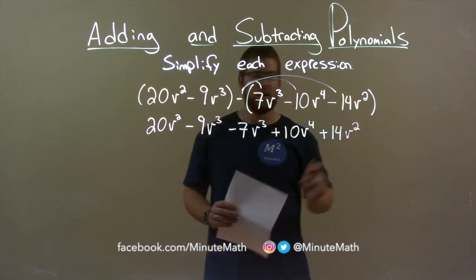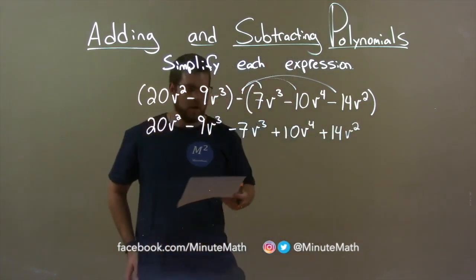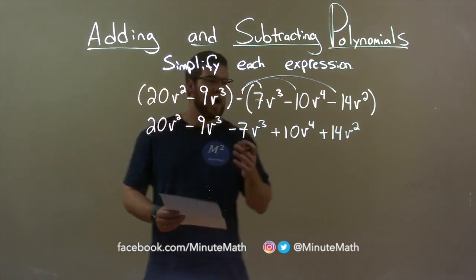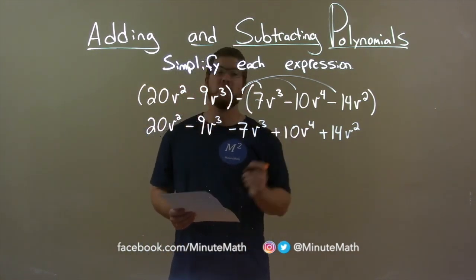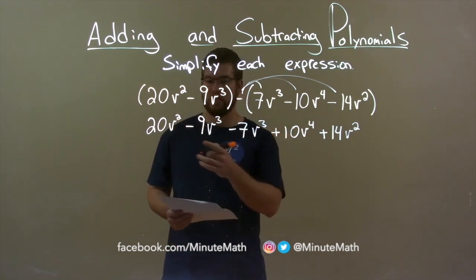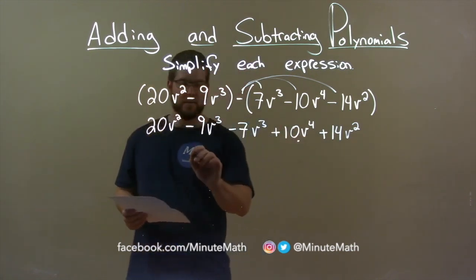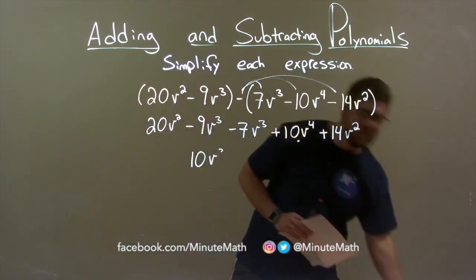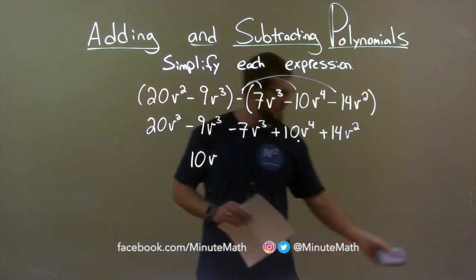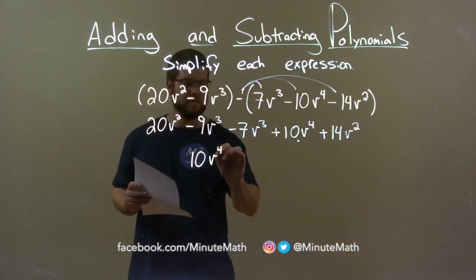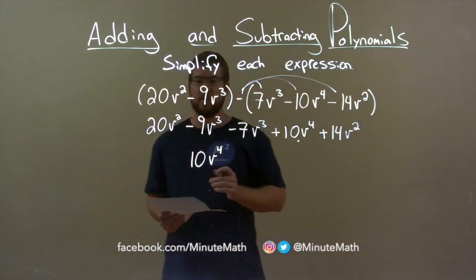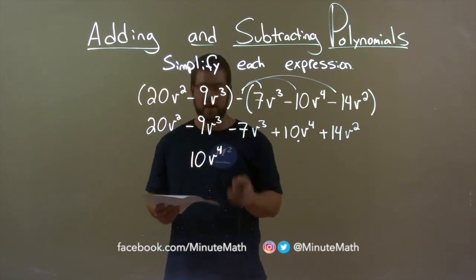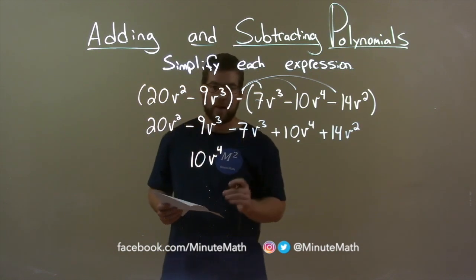14v squared. All right, so now what I want to do is combine my like terms and start with my highest degree. Highest power I see is v to the fourth power. There's only one of them. So we take that 10v to the fourth and bring it down. Now, next highest degree that I see is to the third power. We have a minus 9v to the third and a minus 7v to the third power.